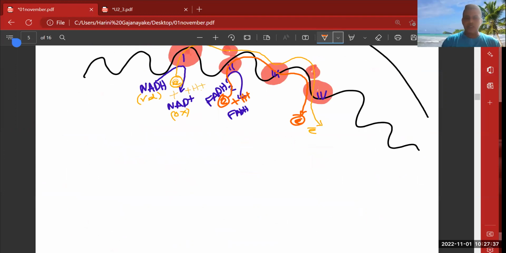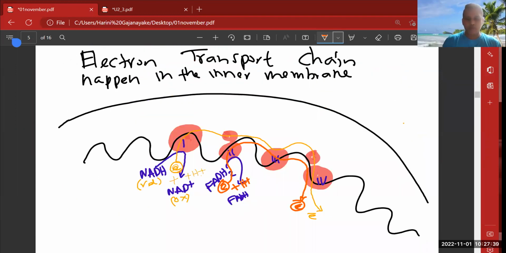So here, coming back, NADH goes back into its original form because the enzyme catalyzes the reaction, and electrons and protons are released. FADH2, same thing happens.